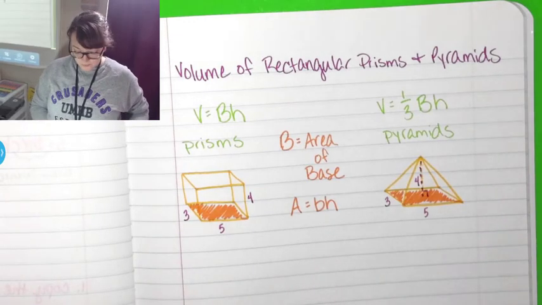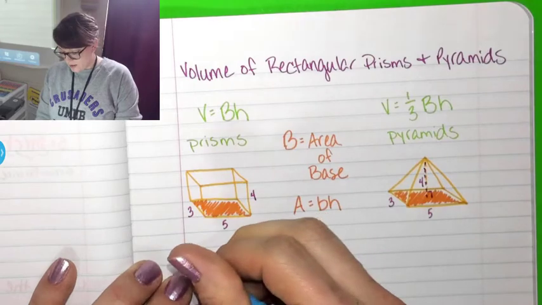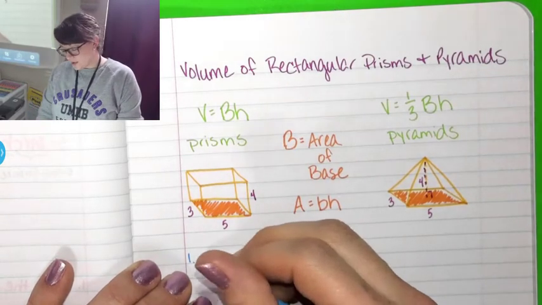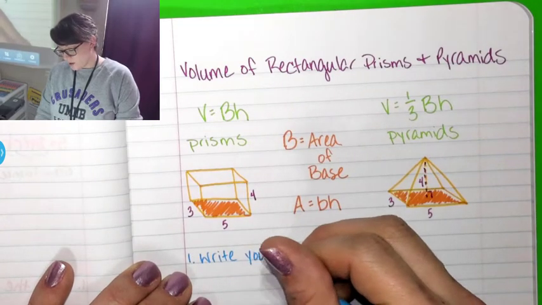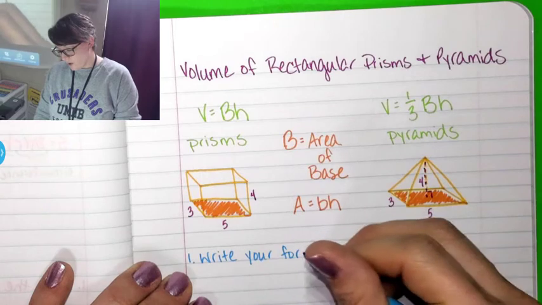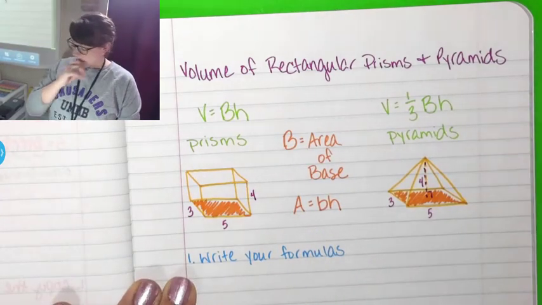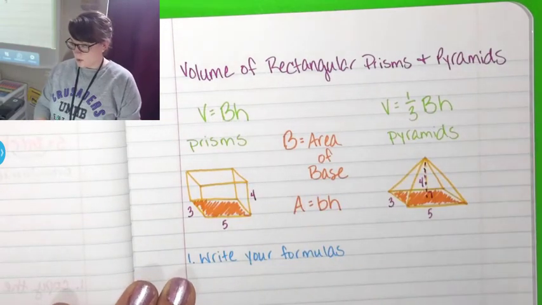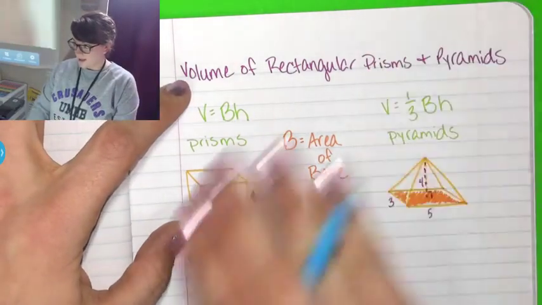Now, I'm going to switch it up from last class. Step 1: write your formulas. I'm not even at step 0. Write your formulas. So we have this one and this one and this one. Well, if we do this one first, because that's coming.